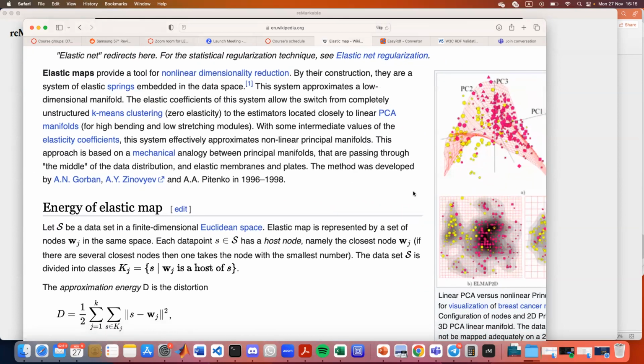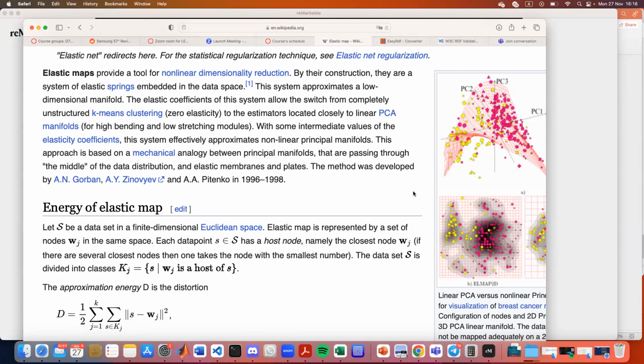The idea is pretty much similar to SOM. But instead of rigidly defining the topology as something arranged on a certain coordinate system, they treat these neurons as nodes connected by springs with certain elasticity.